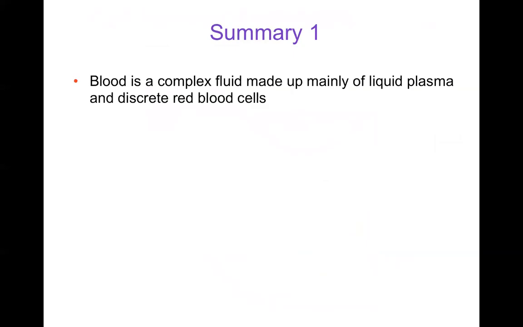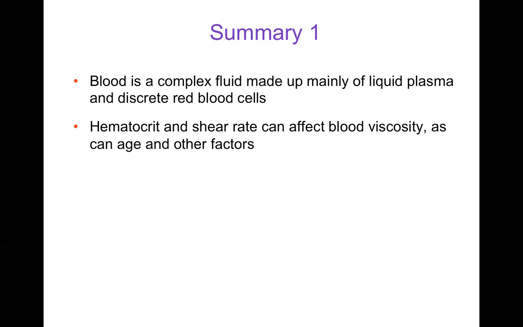All right, so that's everything I want to talk about today. I have 3 summary slides. We talked about blood being a complex fluid made up mainly of liquid plasma and discrete red cells. Those are the 2 important components for flow. Hematocrit and shear rate can affect blood viscosity, and other things like age, your fitness level, or your cholesterol can affect viscosity.